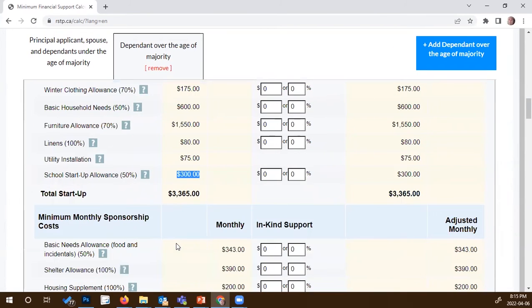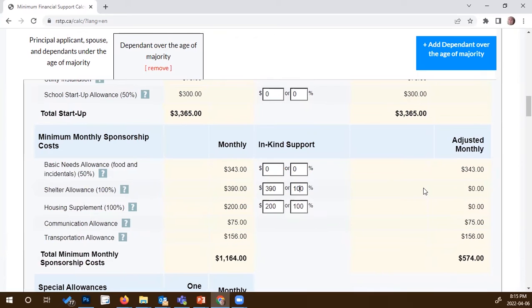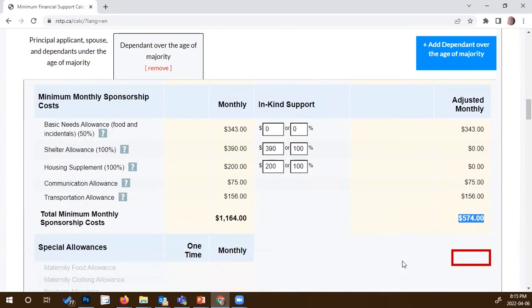And when we scroll down and take a look at the monthly amounts, you can see the legal liability amount, but we haven't added the shelter allowance yet. So let's go ahead and do that because they're going to be living with the brother as well. And you can see the shelter cost has reduced the monthly amount to $574 now.